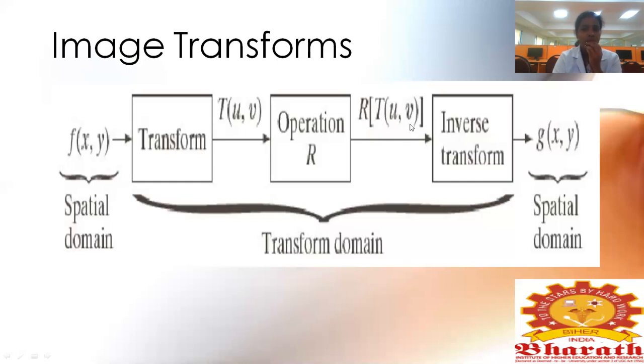And from this output, you are going to reconstruct the original image. For reconstructing, you need an inverse transform. In the transform part, you apply a transformation function to convert your original image into a transformation function.